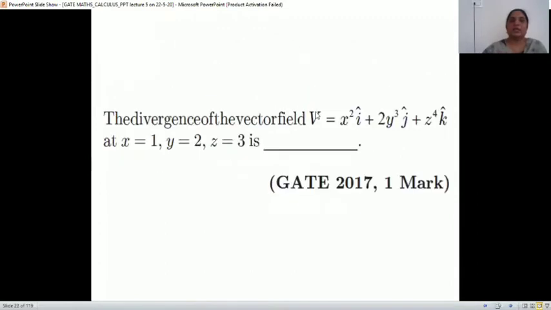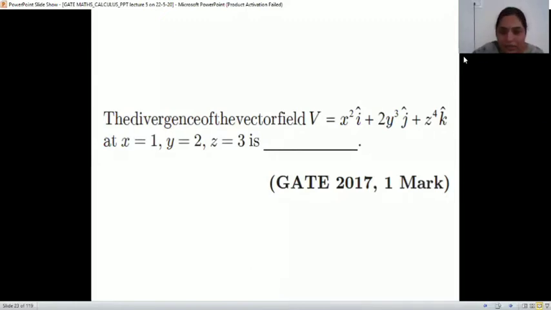Next, the divergence of the vector field V bar is x square i bar plus 2y cube j bar plus z raised to 4 k bar at x is 1, y is 2, z is 3 is. Can you find and tell me the answer? The divergence means you have to find del dot of V bar.